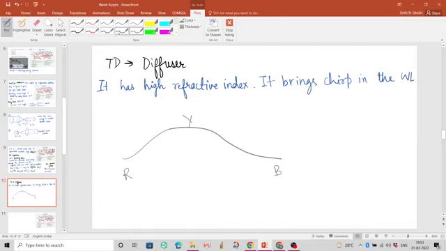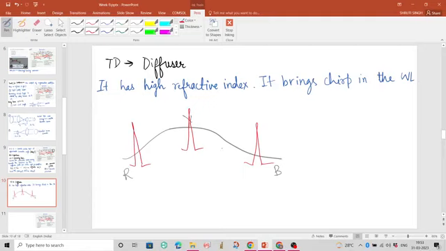If the pump comes at this point, it will amplify the red part. If the pump comes at this point, it will amplify the blue part. The part of the white light at the time at which the two beams come together will get amplified.